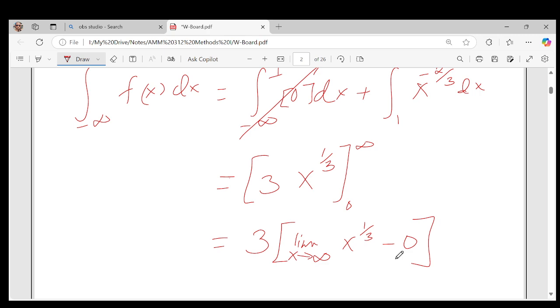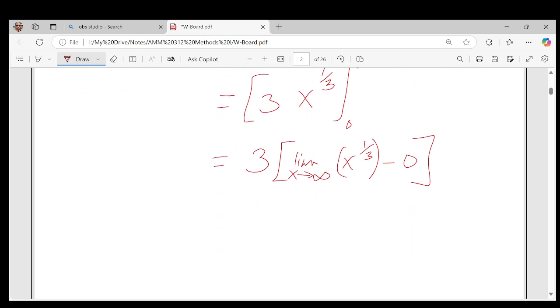And if we work out this limit here, you'll get infinity. The cube root of infinity is infinity. So that this integral is infinite. And so the function is not absolutely integrable.